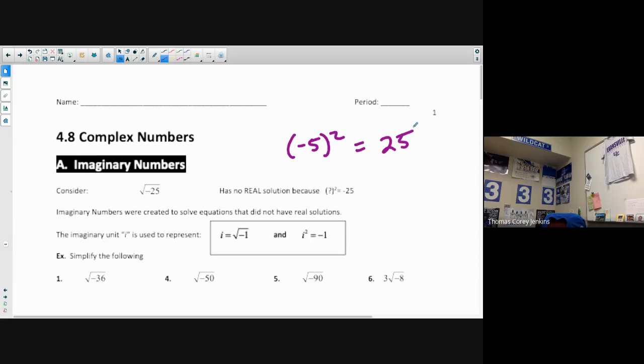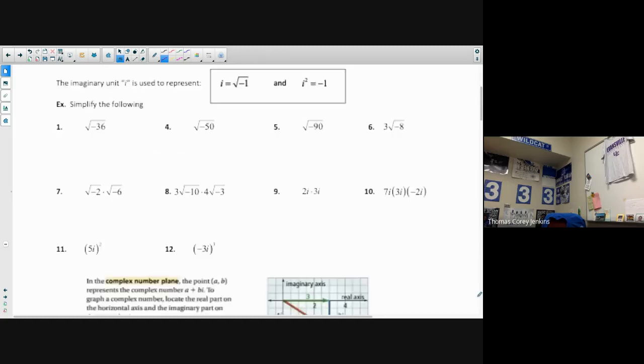So for this reason, we start to use this imaginary unit, i. So i is equal to the square root of negative 1, right? And so i squared is equal to negative 1. We're going to use that fact to simplify some of these. Number 1 is pretty simple.